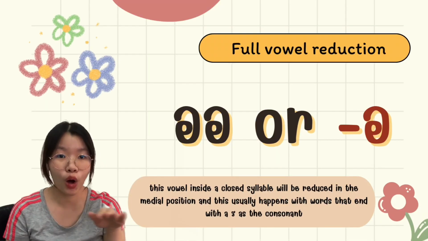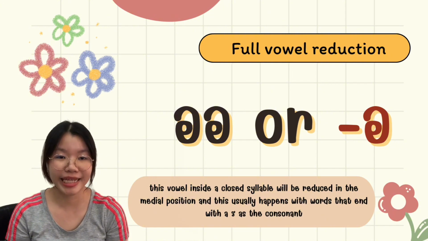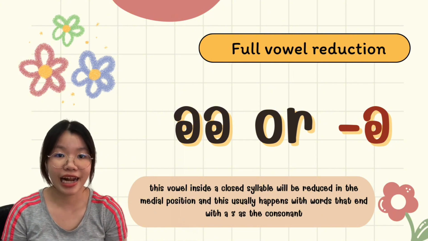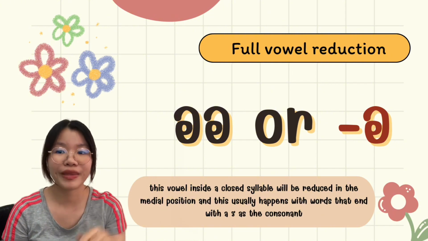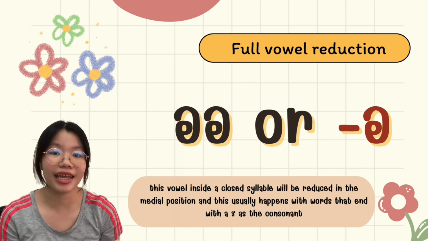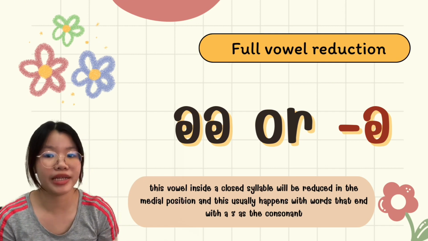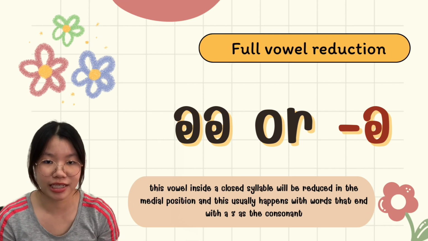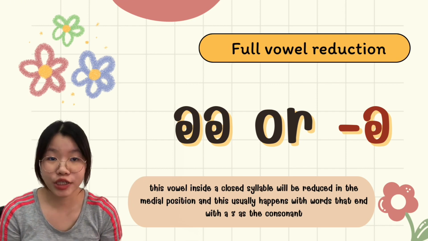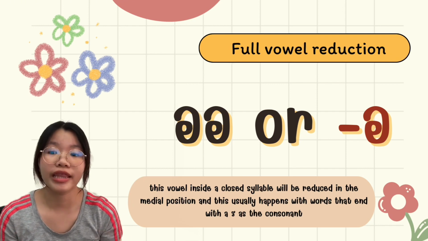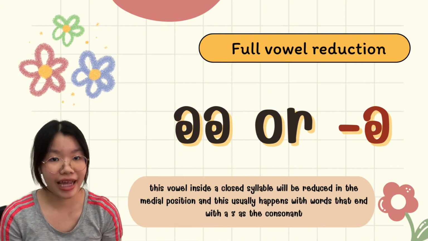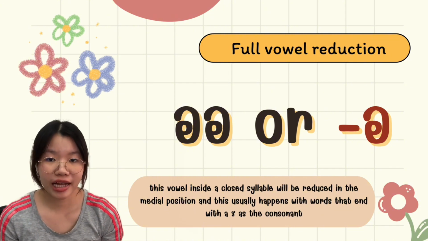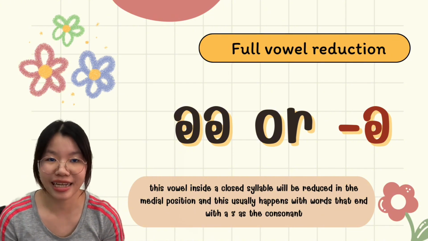The next one. Sara O. Repeat after me. This vowel inside a closed syllable will be reduced in the middle position, and this usually happens with words that end with ro rua as a consonant.